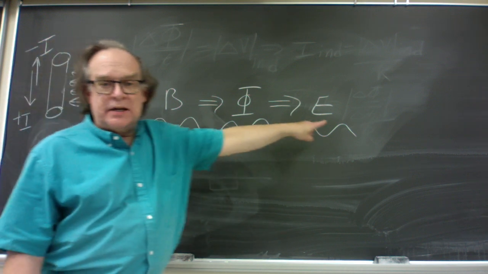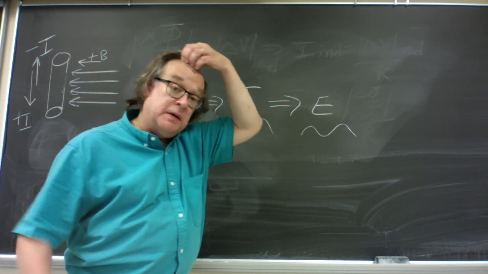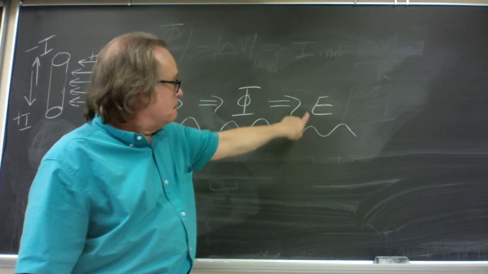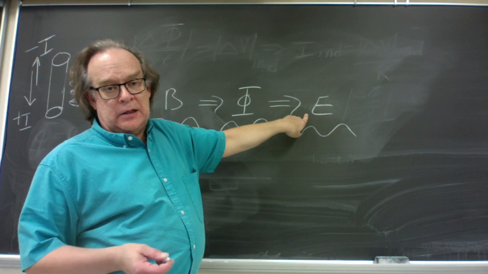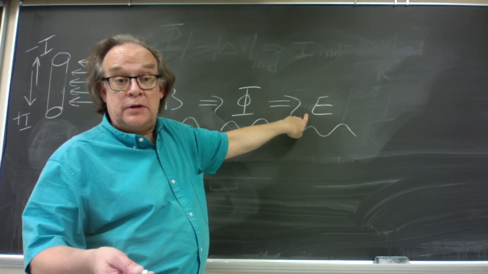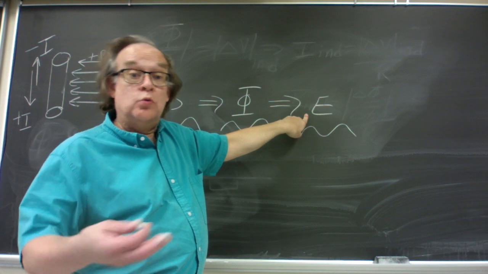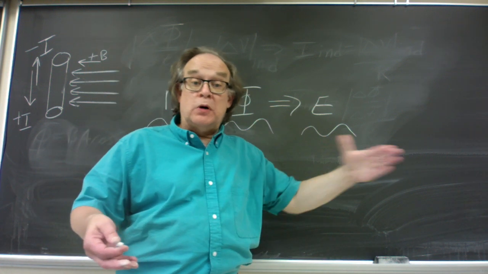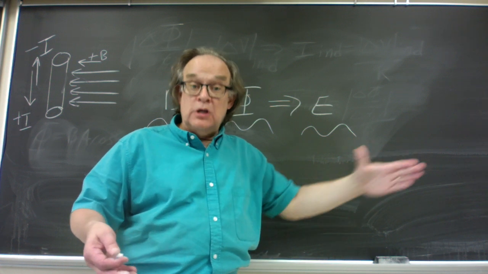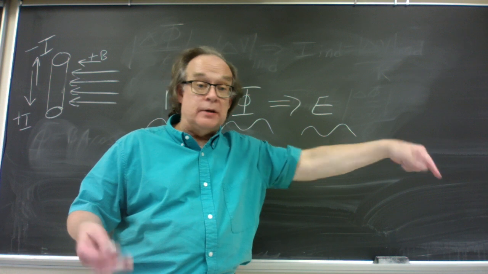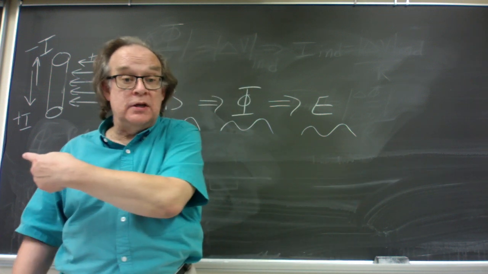If this looks like a sine, this is going to be a cosine and vice versa. But anyway, oscillating. That's the important part. Well, the electric field oscillates, so the force that any charged particle feels will oscillate. And so the way in which those charged particles get pushed around is always changing. Sometimes there's strong force in this direction, and then a half cycle later there's strong force in the opposite direction.